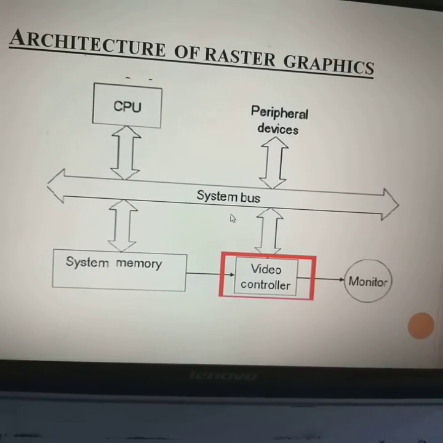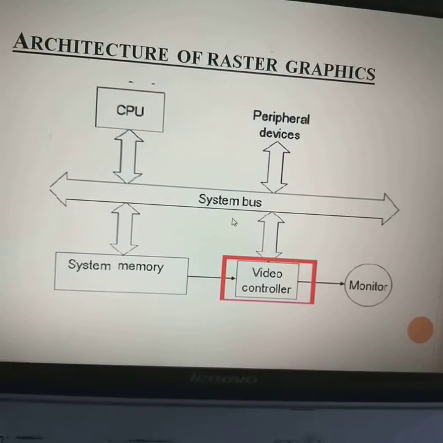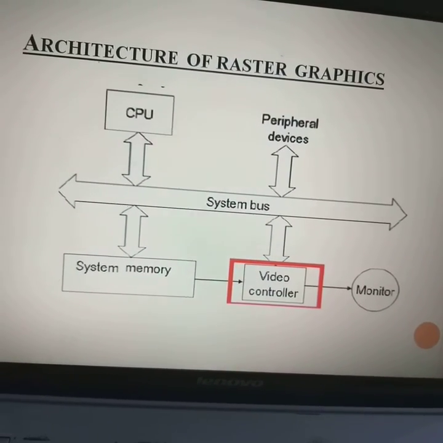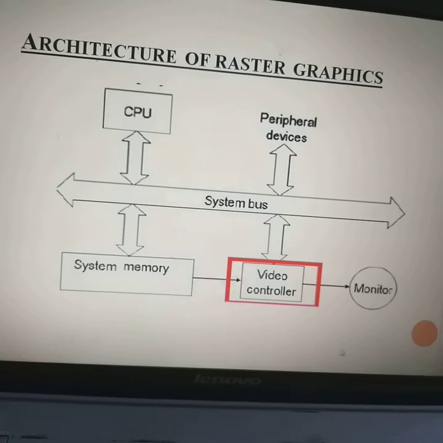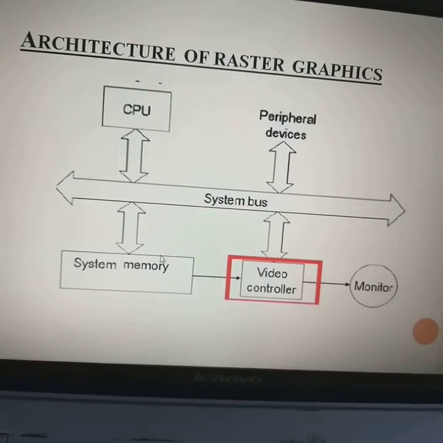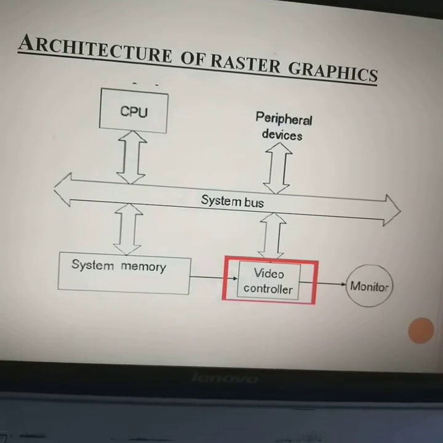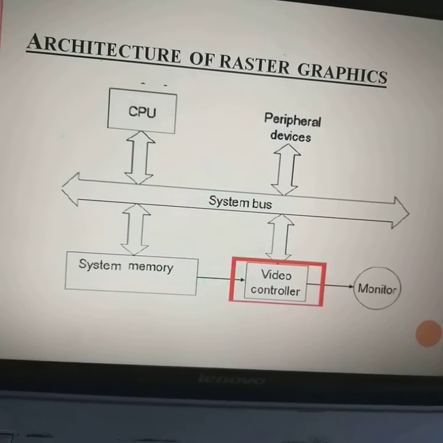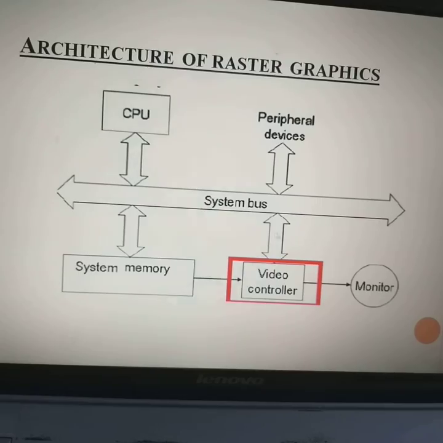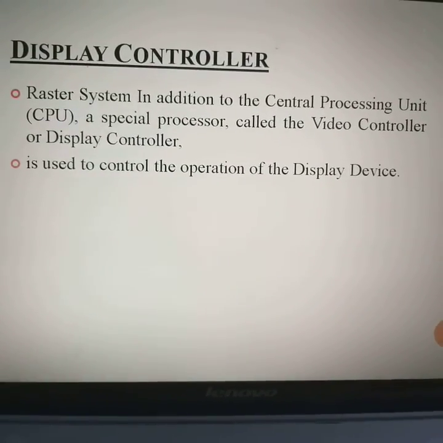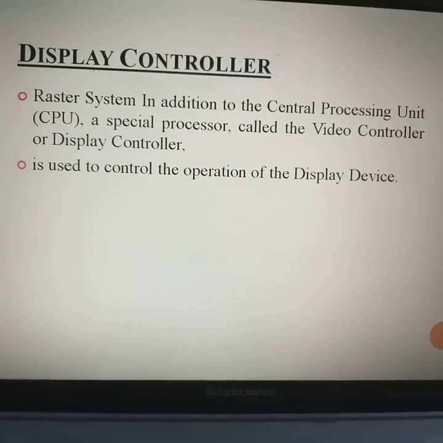There is a system bus which passes information from all the peripheral devices. The user enters the input, and that input is passed over the system. This is a CPU, which we already know. So what is the work of the display controller?